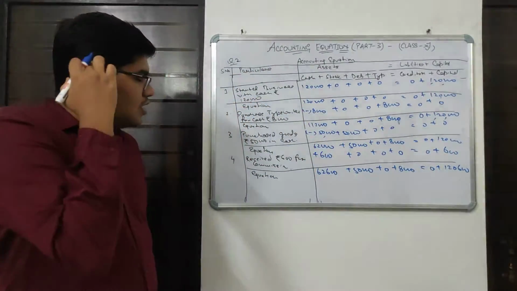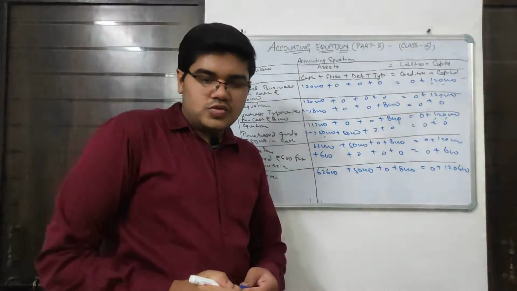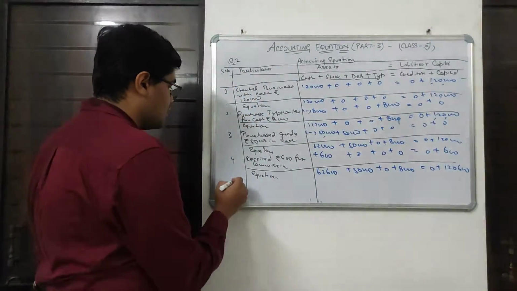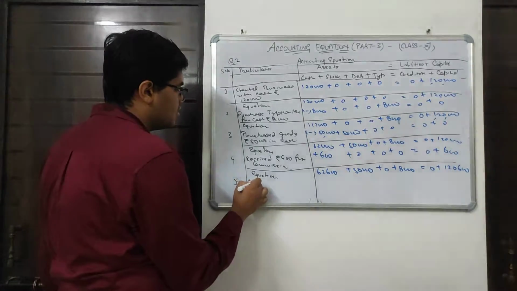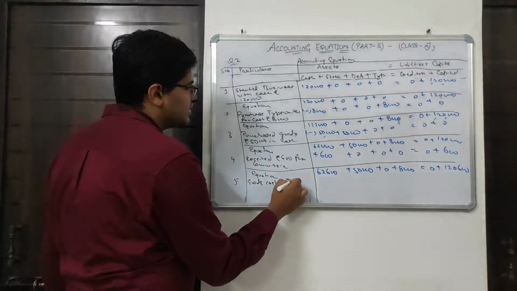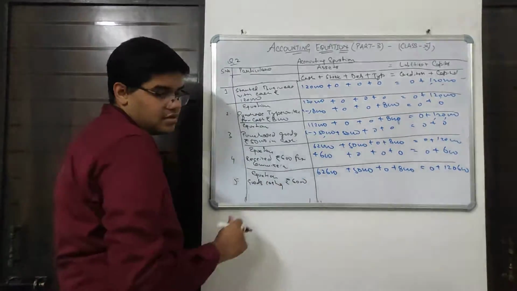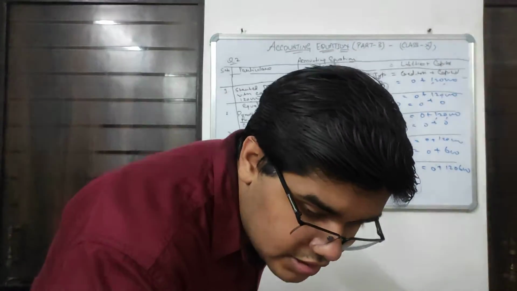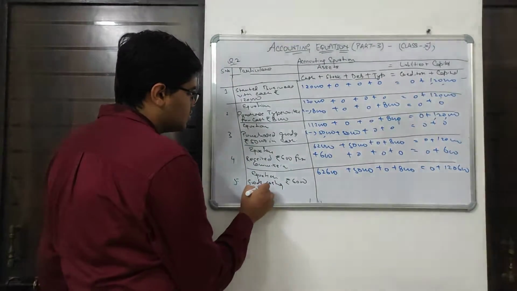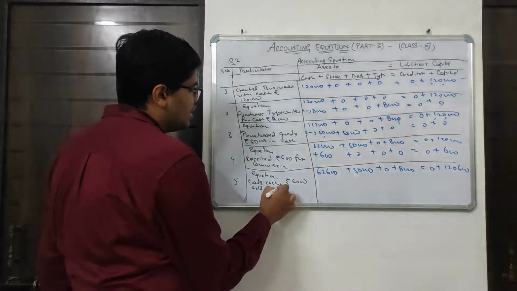Now moving on to the last transaction. The last transaction is goods costing rupees 10,000 sold for 80,000 on credit.